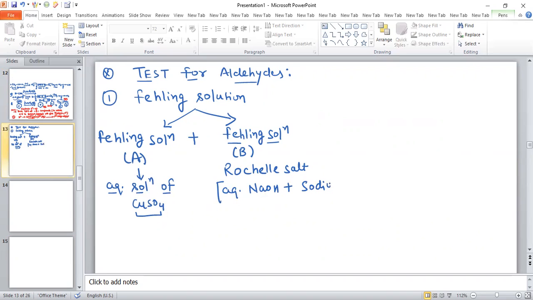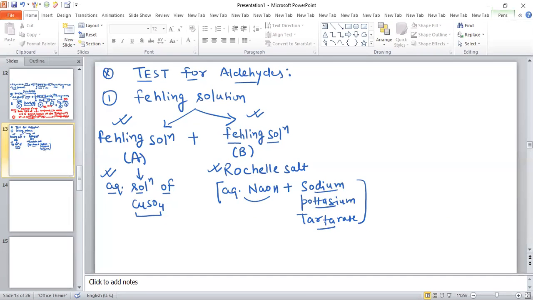So Fehling's solution is basically a mixture of two types of solution: Fehling's solution A contains aqueous copper sulfate, while Fehling's solution B contains Rochelle salt, which is aqueous NaOH and sodium potassium tartrate.